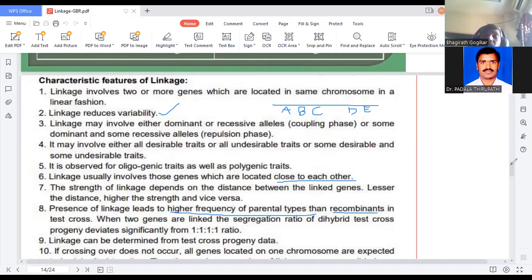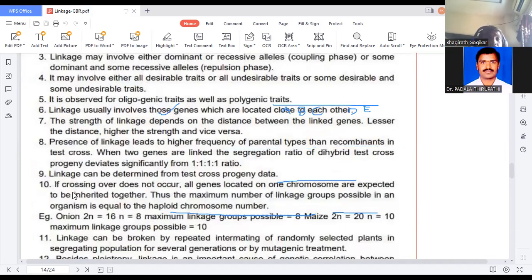For example, if no crossing over takes place, definitely we get only parental characters. If crossing over does not occur, the genes located on one chromosome are expected to be inherited together. Thus, the maximum number of linkage groups possible in an organism is equal to the haploid chromosome number.